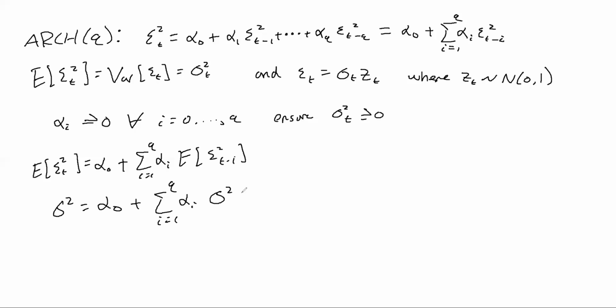So we can move the variance over to the other side and factor it out, and we get that the long-run variance is going to be equal to alpha 0 divided by 1 minus the sum of all other coefficients, from 1 to q. So this would be the long-term variance for an ARCH model.